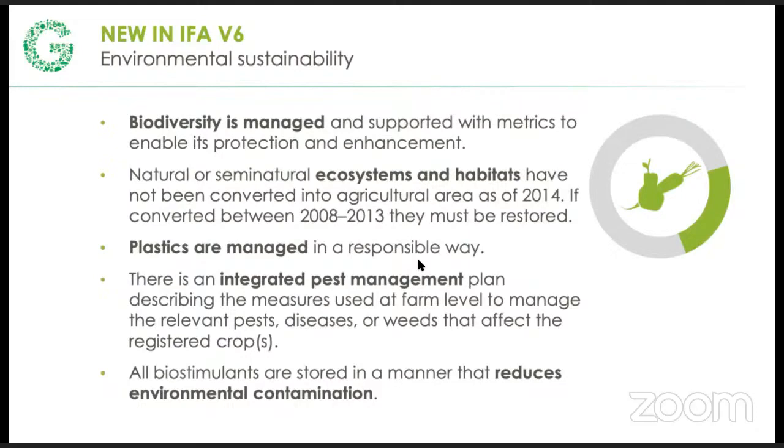Here's another example, environmental sustainability, because this has become a big deal. So the standard is going to demand that in our farming operations, you're able to show that biodiversity is managed and supported through metrics. So you're able to measure. So for example, I can give you an example from our farm.